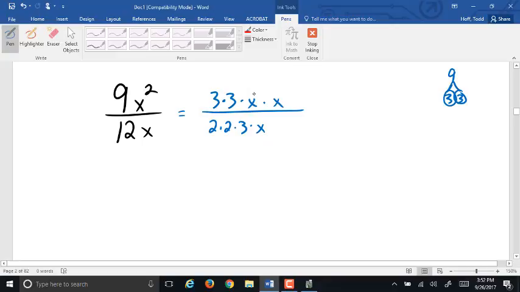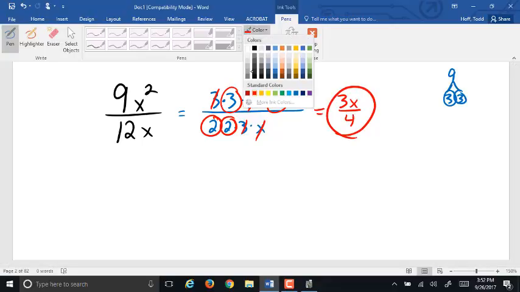What can we cancel? We can cancel a 3 and an x. Good. So what's left on top? 3 times x is 3x. And on bottom, 2 times 2 is 4. So it's 3x over 4.